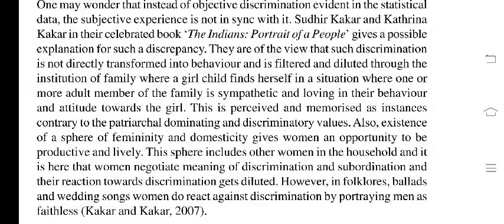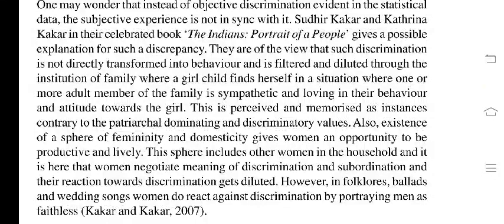Also, the existence of a sphere of femininity and domesticity gives women an opportunity to be productive and lively. This sphere includes other women in the household, and it is here that women negotiate the meaning of discrimination and subordination, and their reaction towards discrimination gets diluted.